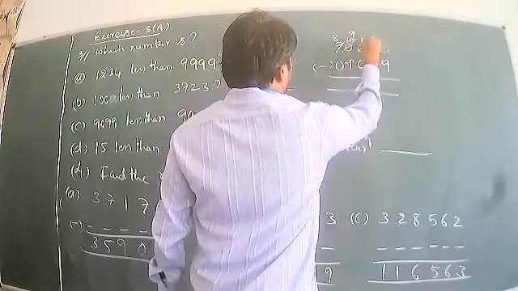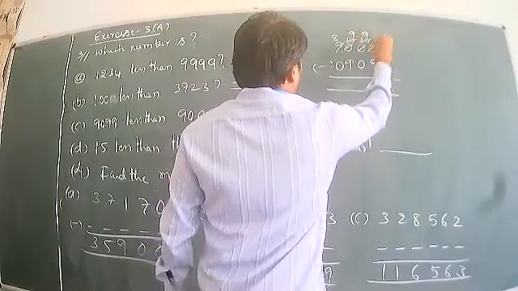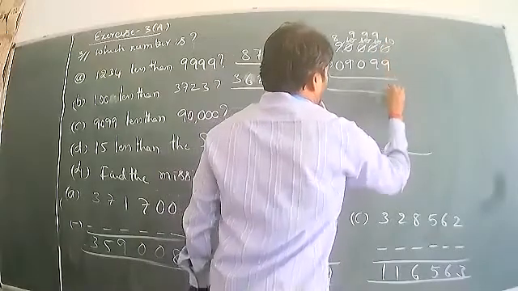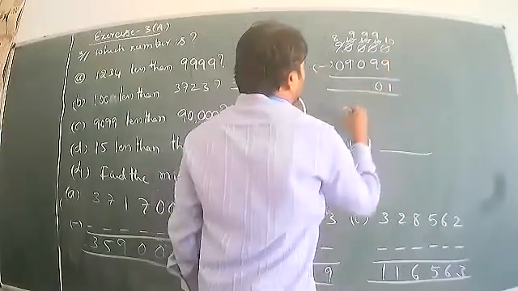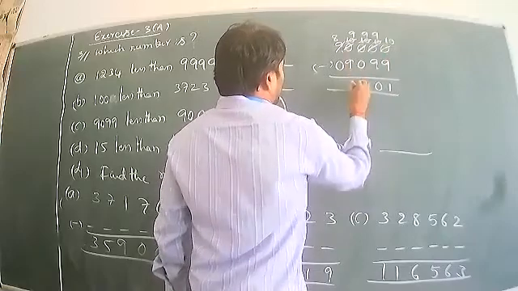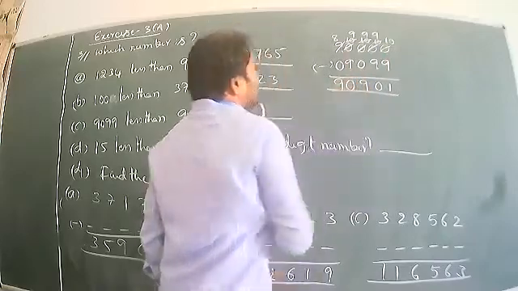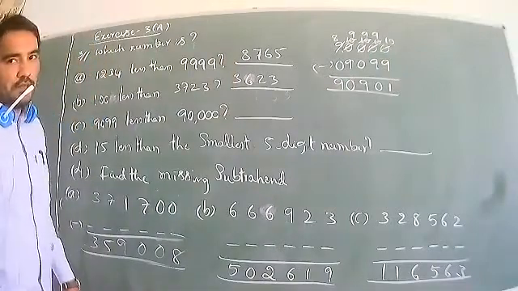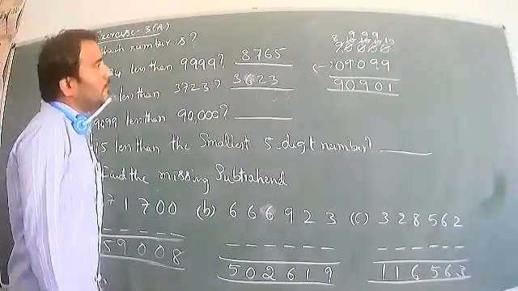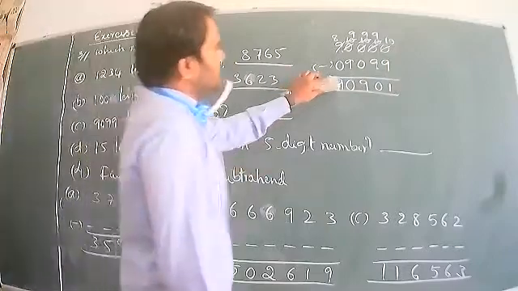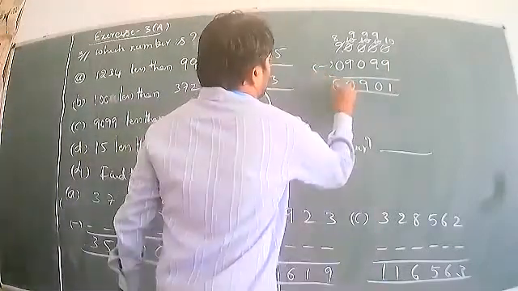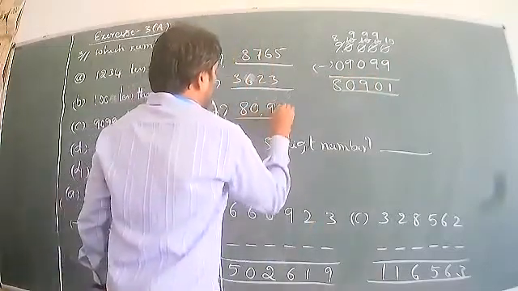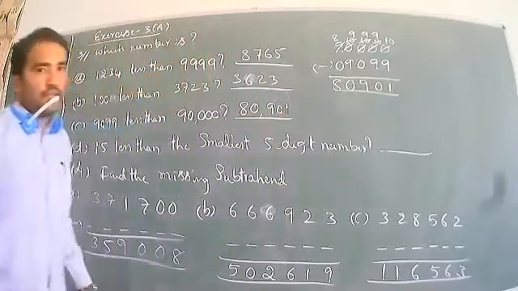Now it has carry: it is 9, it is 10, after that it is 9, it is 10. 10 less 9, 1; 9 less 9, 0; 9 less 0, 9; 9 less 9, 0. Sorry, 80,000, so 80,901. That is your answer.